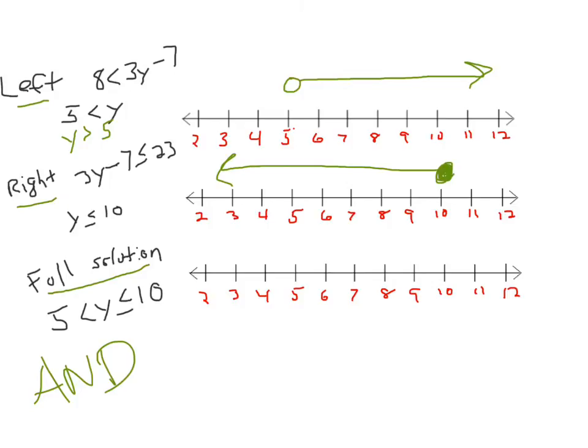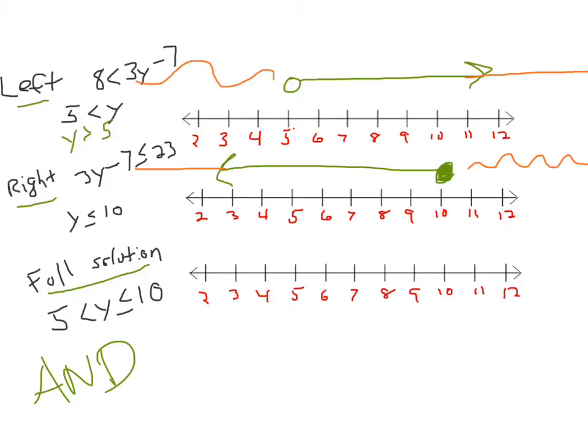Okay, so let's go ahead and look at that. What appears in both? Where is there overlap? The top one goes on forever and ever in this direction, and the middle one goes on forever and ever in this direction. But no values over here count for the middle one, and no values over here count for the top one.